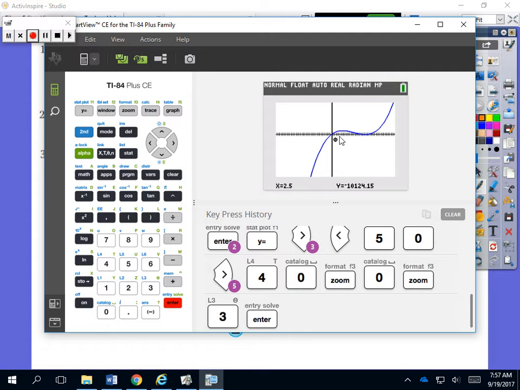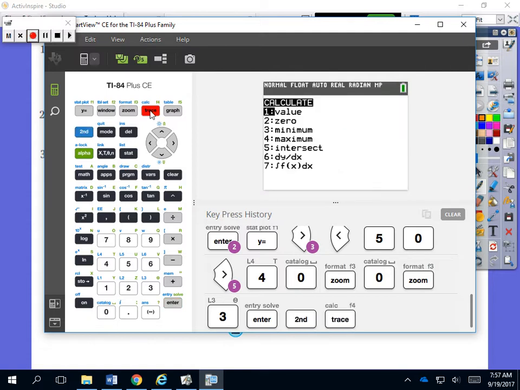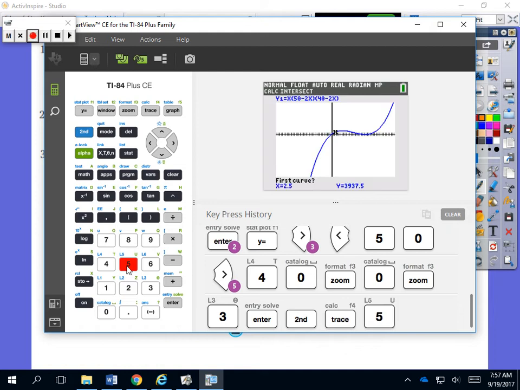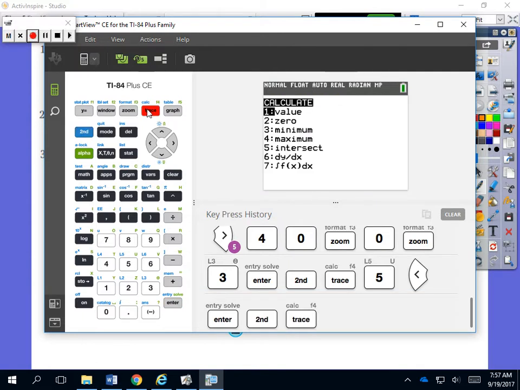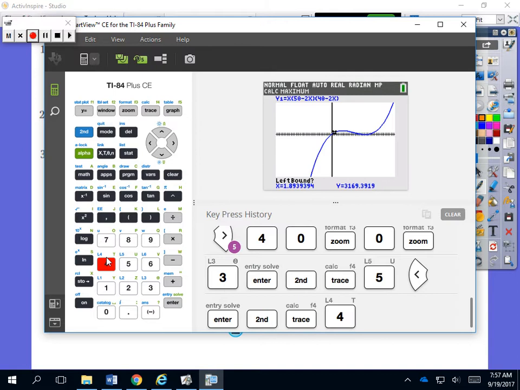So I'm going to hit second trace, number 5. And my spider is already to the left, but I'm going to move it just a little more. I think I'm doing the wrong thing. Second trace, number 4. Sorry, I was looking for an intersection.